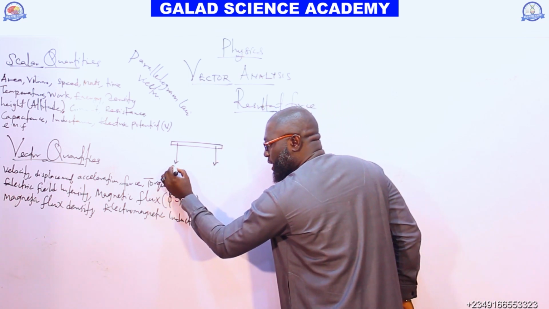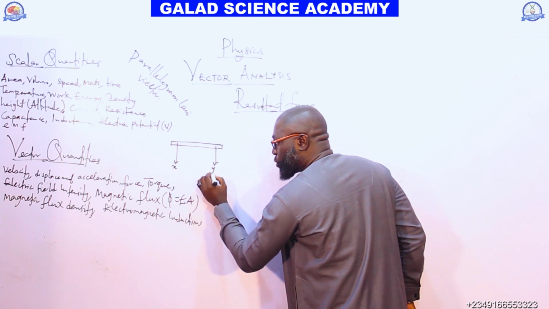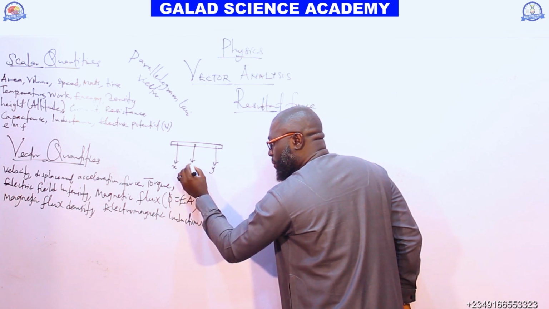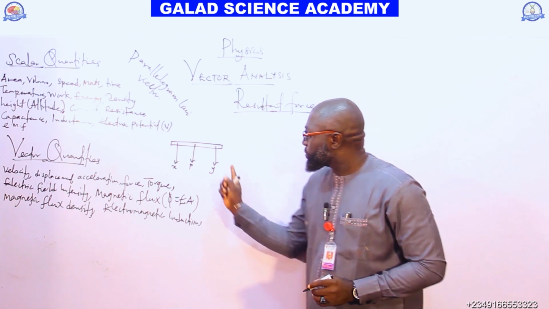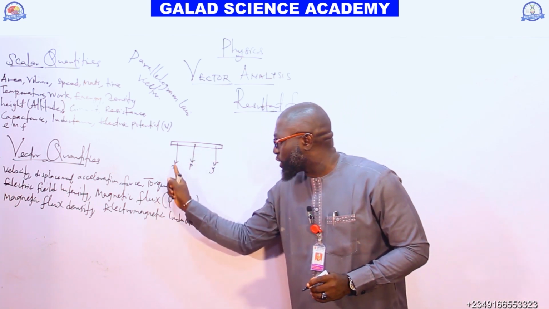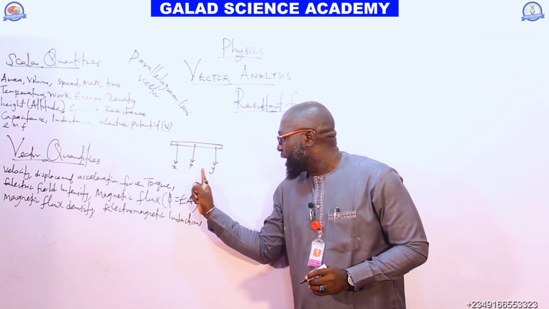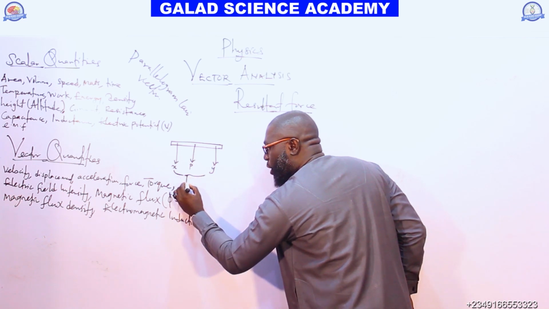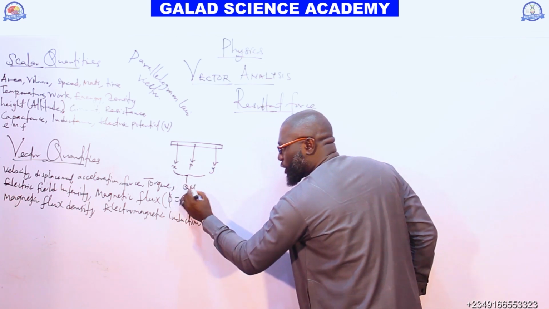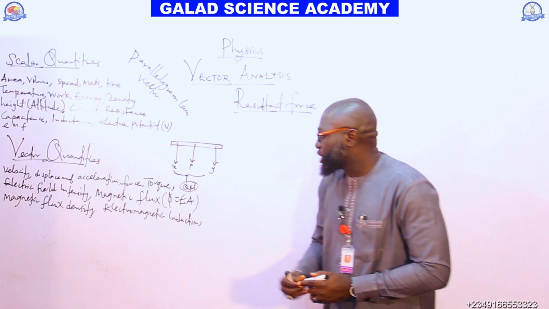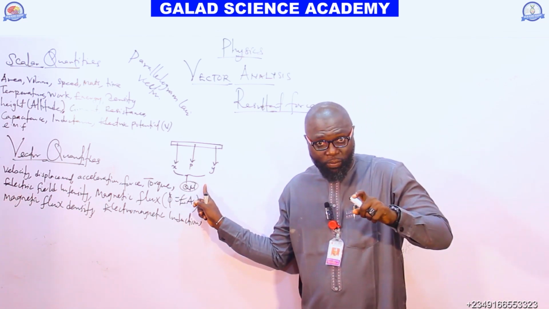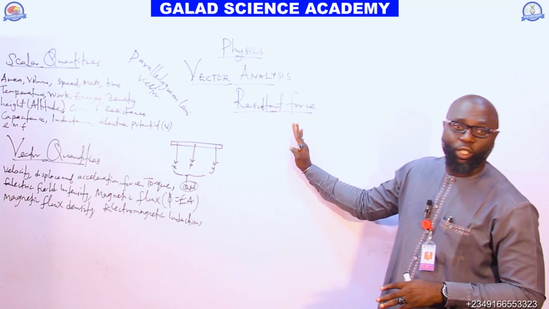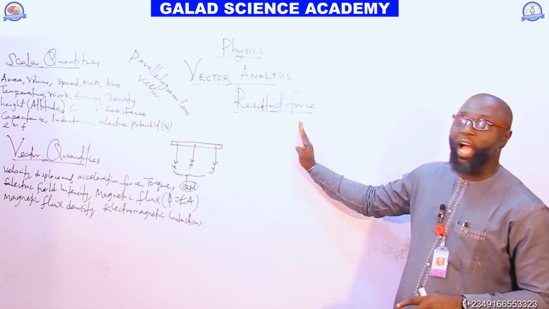If this one is X, this one is Y, and another force is also acting like this, we call it P. So if we add all these forces, force X, force P, and force Y, together, we will now call it force Q. So this Q here serves as the resultant force. A single force that represents all forces present on the particular body is called resultant force or resultant vector.